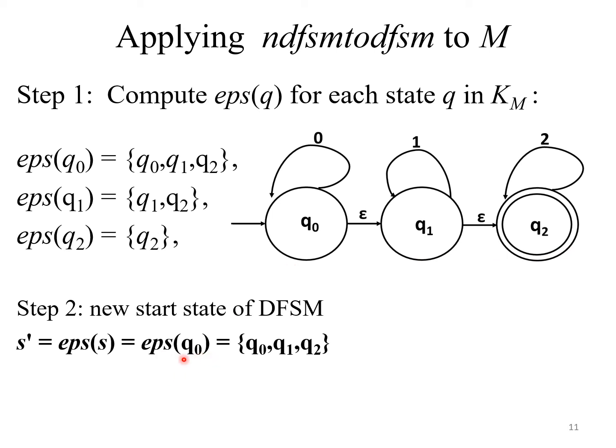So EPS of Q0 is equal to Q0, Q1, Q2. Hence the new start state of DFSM is Q0, Q1, Q2. And at present the machine looks like the initial state, which is Q0, Q1, Q2, and at present we have only one active state of the DFSM.